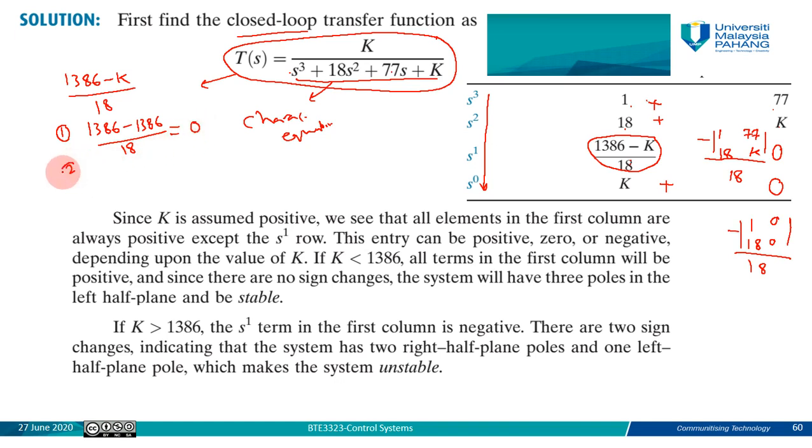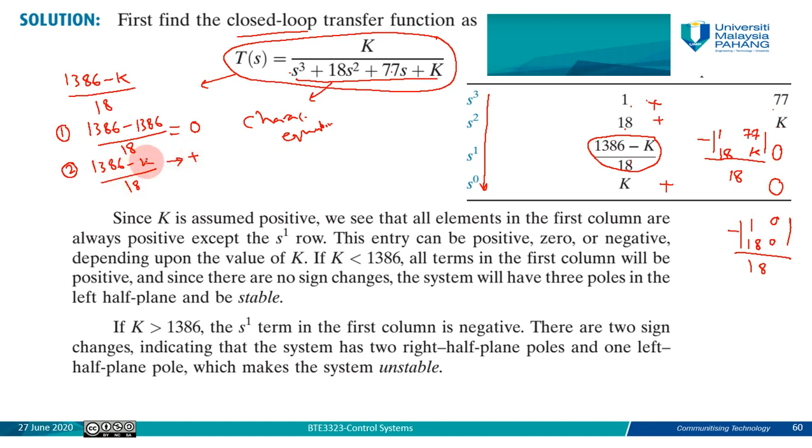The second situation: the value of k is positive, but it is less than 1386. That means it can be 100, 1385, 1000, any value, but less than 1386. If k is less than 1386, then 1386 minus k over 18 will give you a positive value.